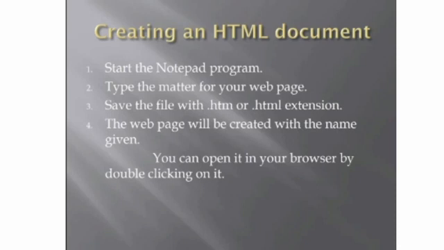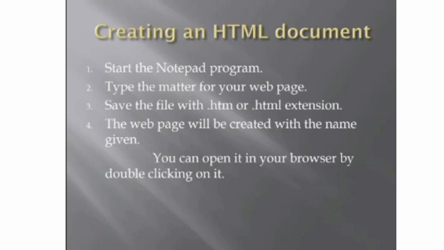Now, how will we create an HTML document? Firstly, start the Notepad program by clicking on the Start button, and a menu will be displayed. There you will find the Notepad option. Type the matter for your web page, whatever matter you want to type or the coding of the HTML document, that should be typed on the Notepad.